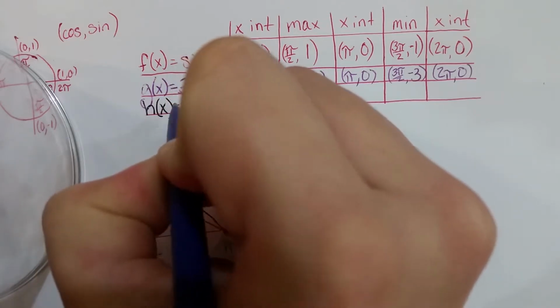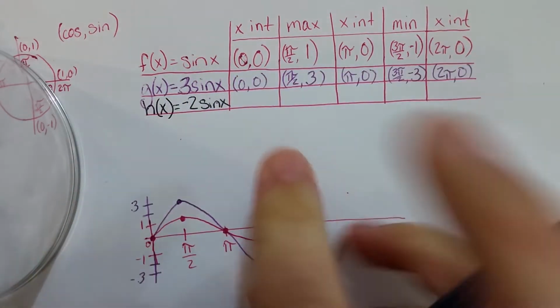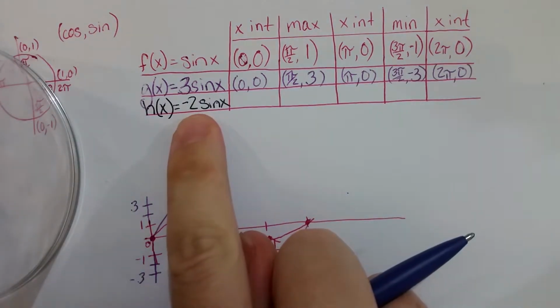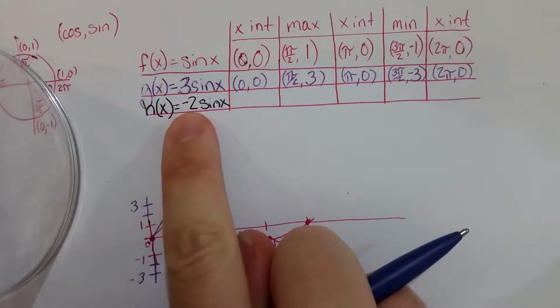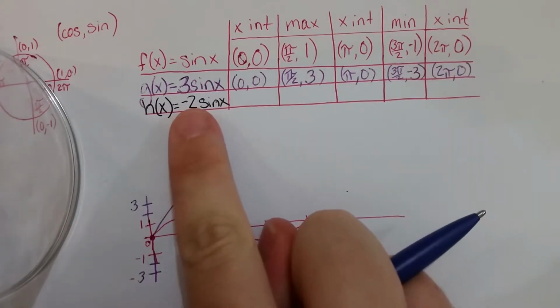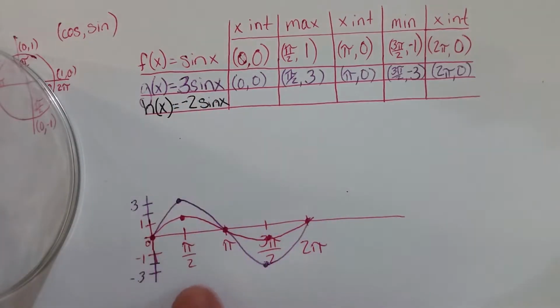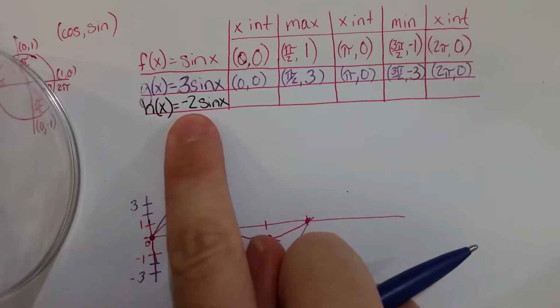So let's go ahead and do negative 2 sine of x. Basically, you need to know two things. First of all, you already know it's going to change the max and the min, but you need to be careful because when you have a negative, it also flips over the x-axis. So make sure that you note that it's going to flip over the x-axis.